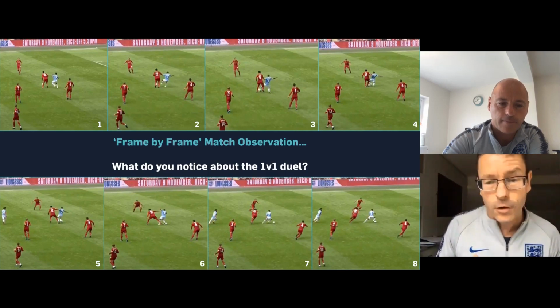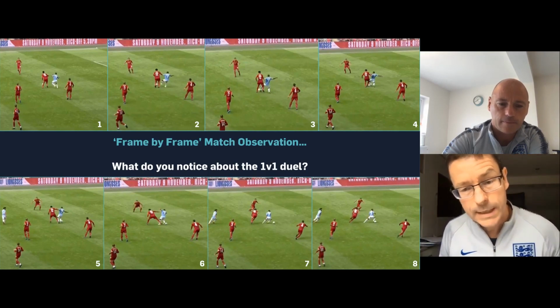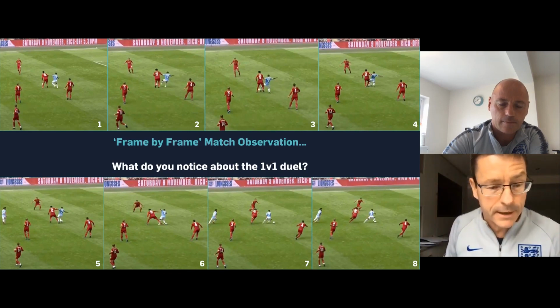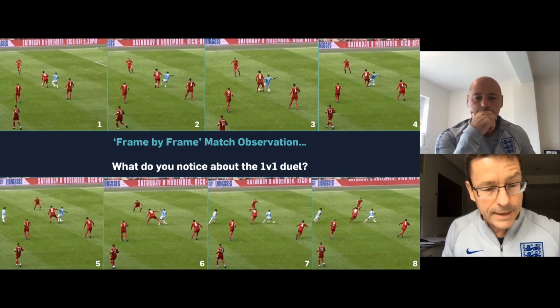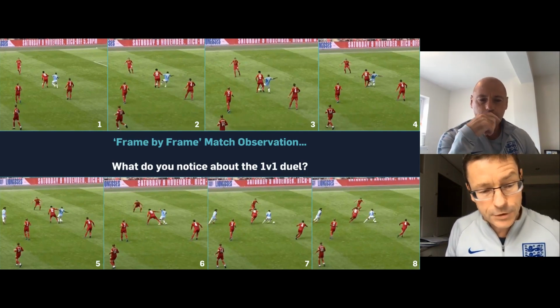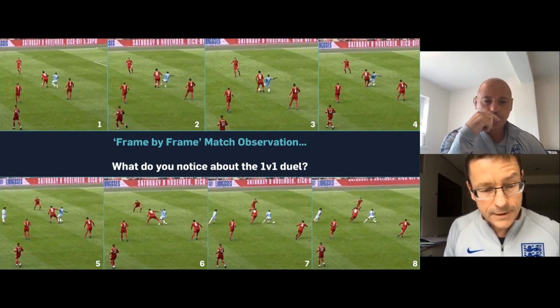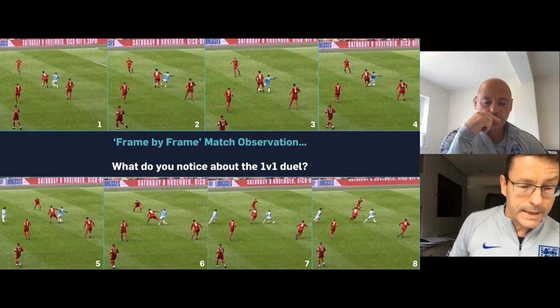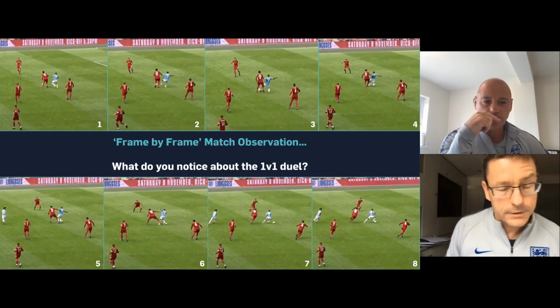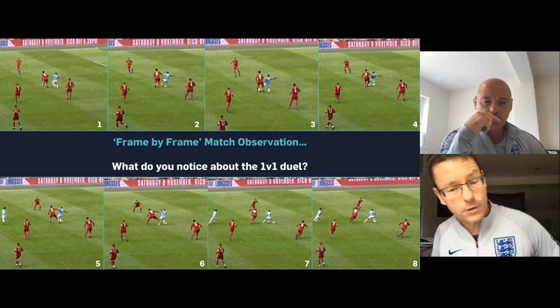Now on number 4, he's starting to hook the ball and turn away, but get his body in between as a barrier. Number 5, he's using his arms. And now you can see by using his arm and pushing away, getting the balance, that the lines of force mean that Gomez is sort of leaning back away from goal, but Sterling's starting to lean towards goal.